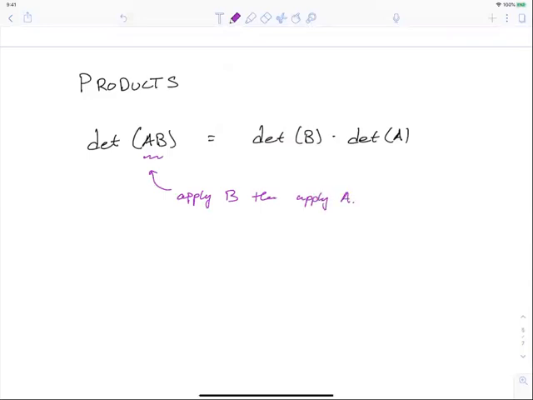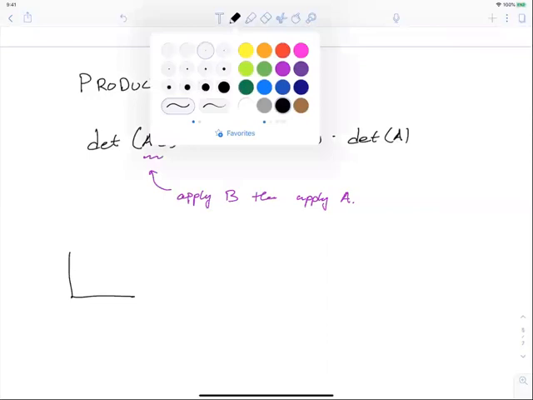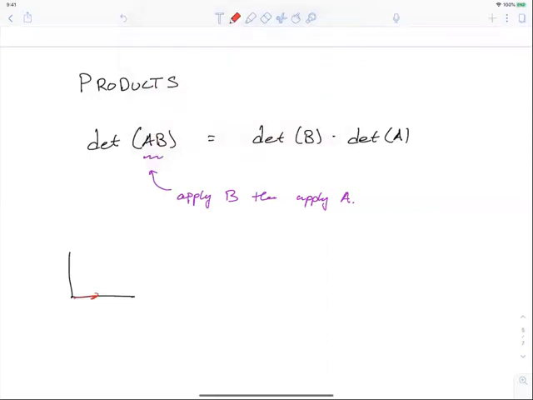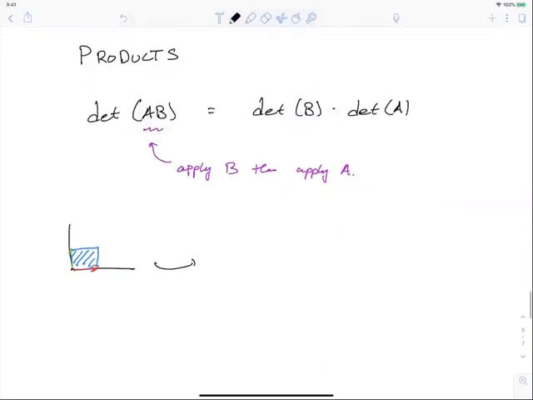Right? So for an example, if we start with a unit box, and then we're going to apply some transformation.